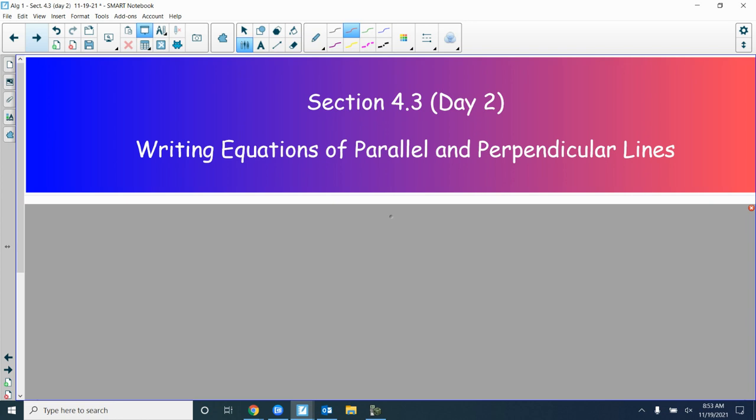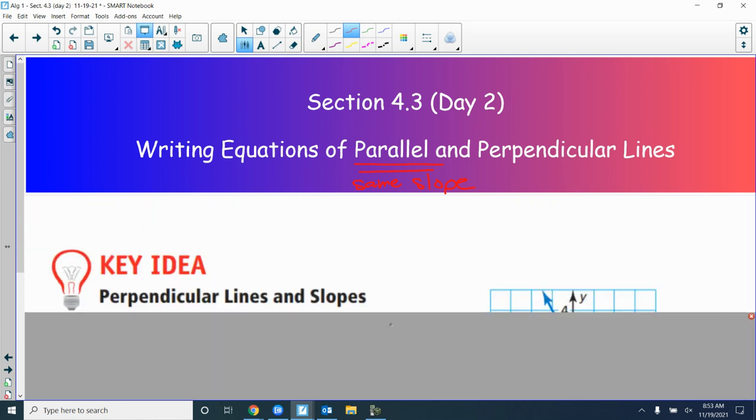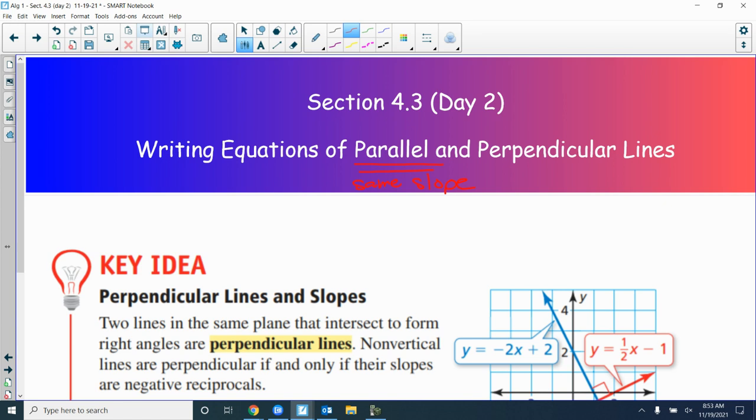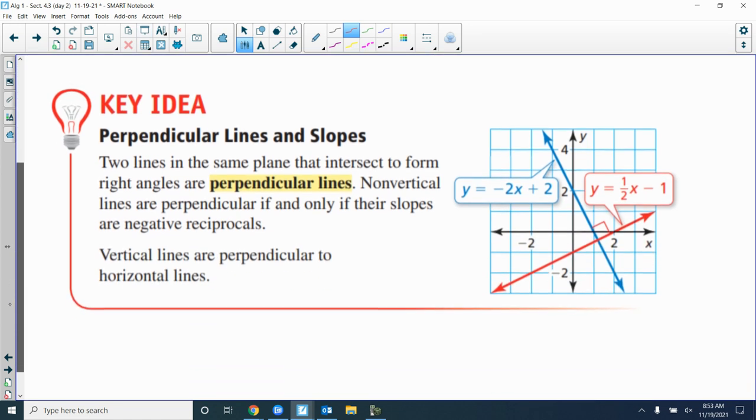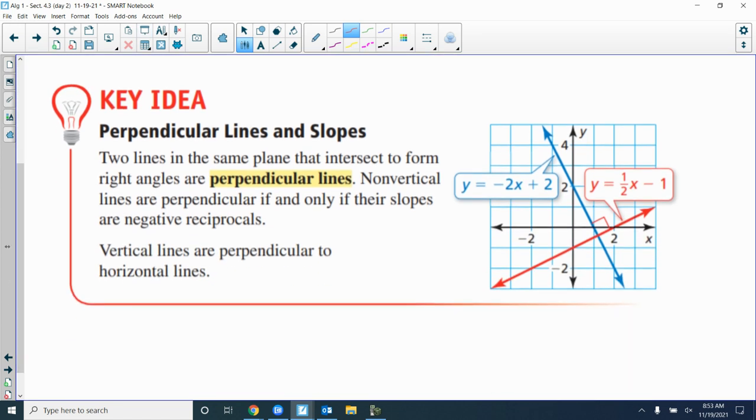Okay, we talked about parallel yesterday. Parallel, same slope. Well, these can't be the same slope if they're crossing. But here's the deal with perpendicular. Two lines in the same plane that intersect to form right angles are perpendicular lines.